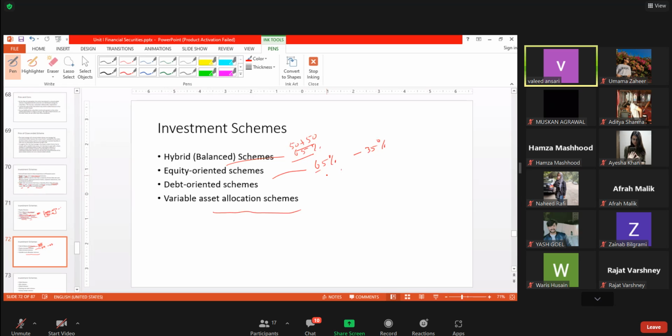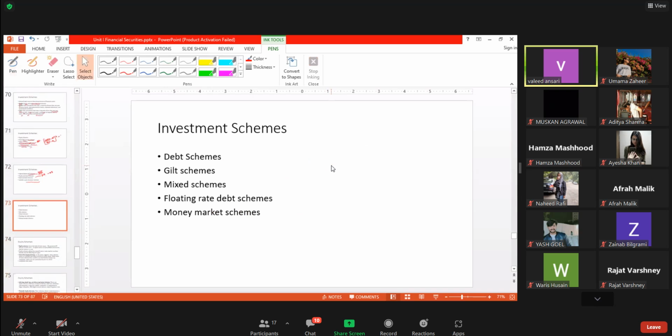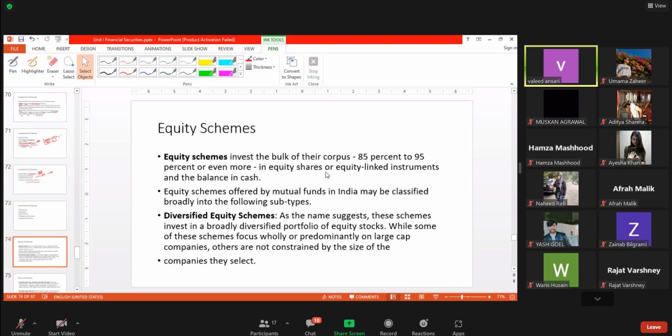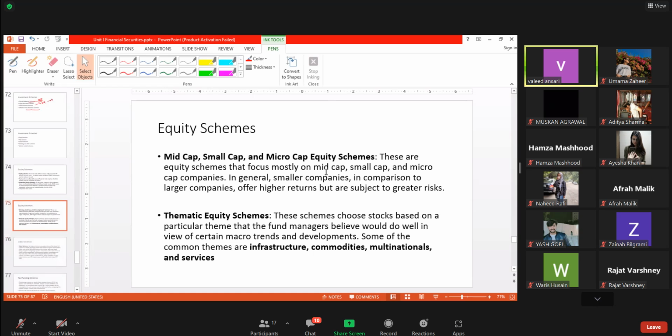Even in an equity oriented scheme, some amount of money may be sitting in cash in a very liquid form, maybe 2%, 3%. Oriented means that they are tilted towards more of that. So all these investment schemes were given here and explained in my slide.